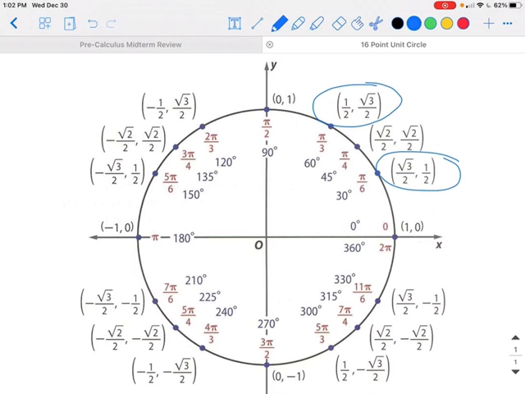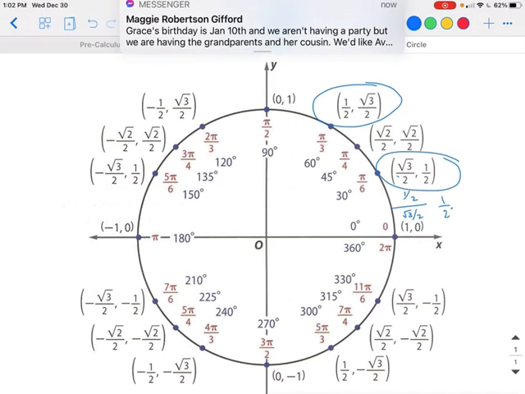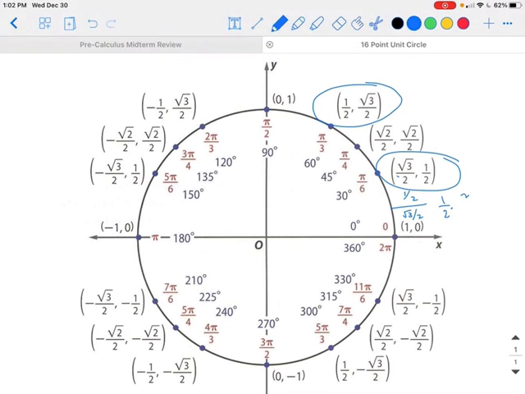Now, if we look at pi over 6, if we do y over x, we would have 1/2 over radical 3 over 2. When you have a fraction over a fraction, remember you flip the second one and you multiply. Those 2's are going to cancel, so this is going to give us 1 over radical 3.